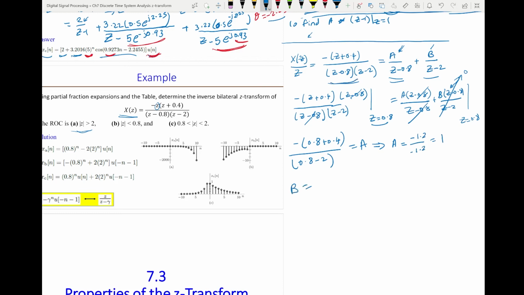And same thing to find B. I multiply everything here by z minus 2. So what's left will be minus z plus 0.4. When I multiply by z minus 2, this will be cancelled. So I will have here z minus 0.8. Then let z equal 2.